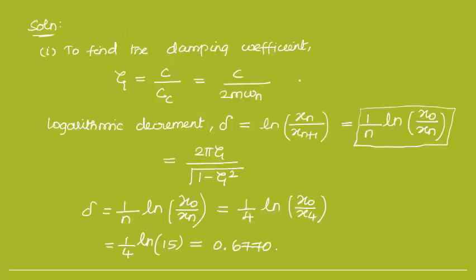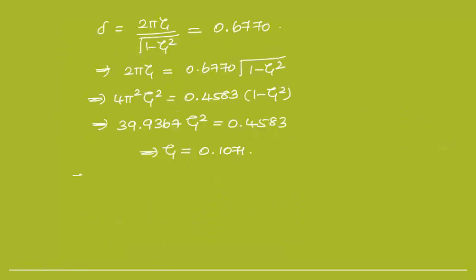Now we can substitute the value of zeta to calculate the value of C, the damping coefficient. So zeta is C by Cc, that is C divided by 2m omega n, where the circular frequency omega n is root of S by m. This is 0.1071, the value of zeta.